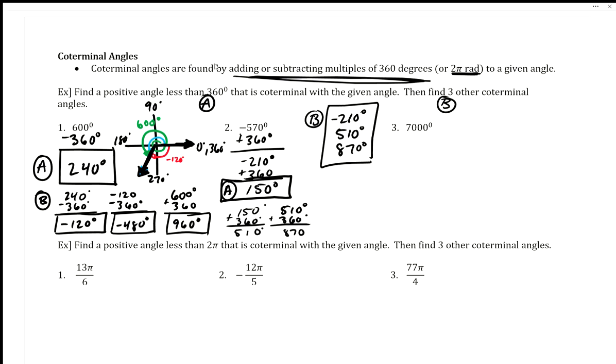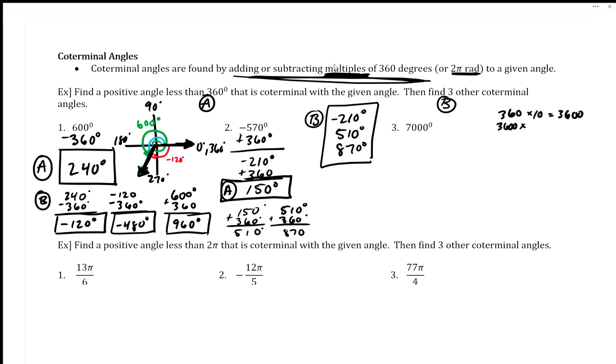Instead, this is the multiple part. Multiples of 360. I know it's a 4-digit number, so I'm going to multiply this by 10. And I can see that's kind of half of 7,000, so I'm going to multiply that by 2.